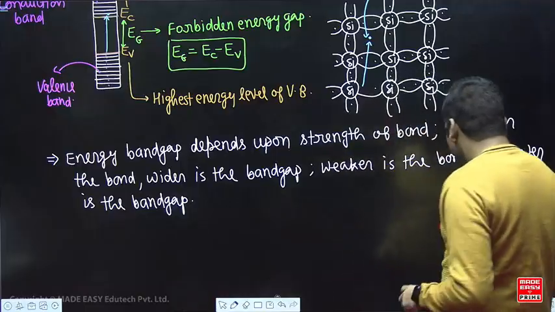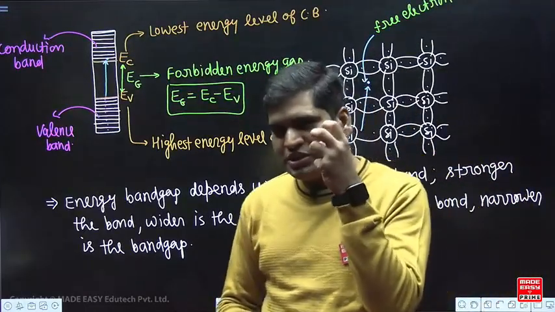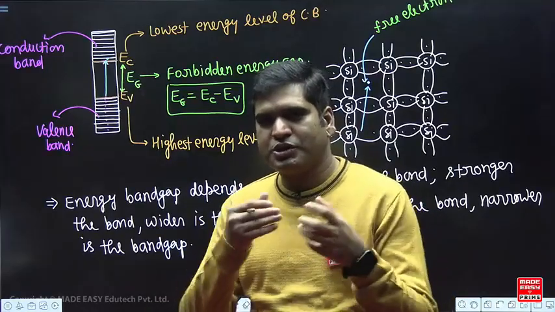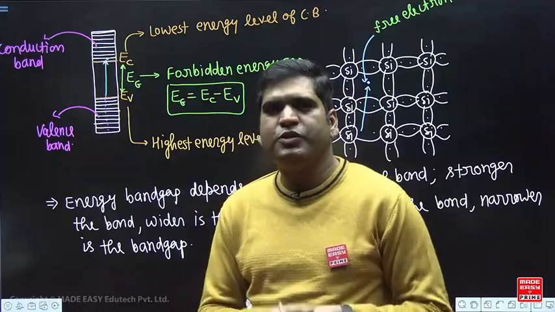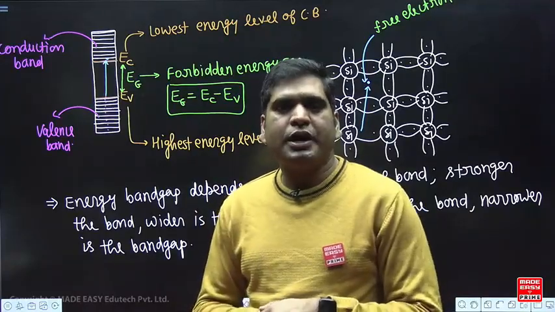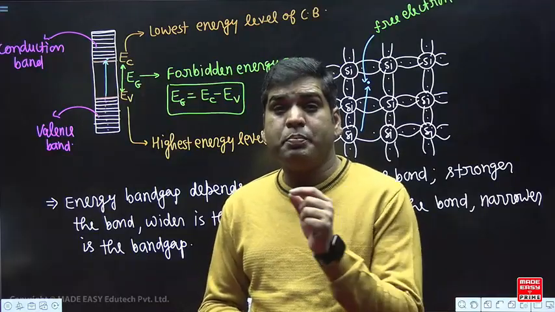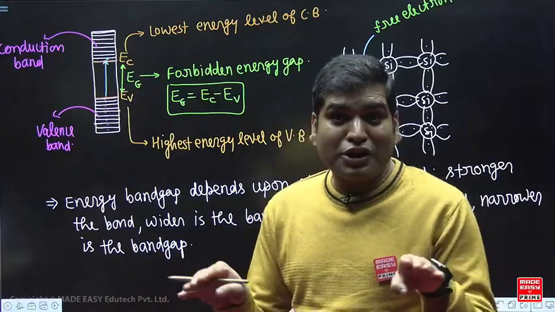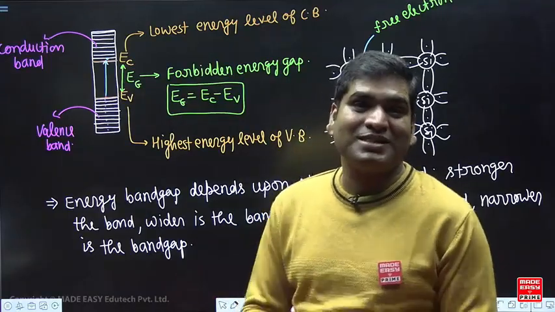But one more thing, suppose we increase the temperature. If we increase the temperature, it means bonds will become weaker because you are supplying thermal energy, so lattice vibration will increase, and if lattice vibration is increasing, bond will become weaker, and if bond is weaker, band gap should become narrow. It means what? With increase in temperature, energy band gap decreases, because bond strength is decreasing, and if bond strength is decreasing, band gap is narrowing.